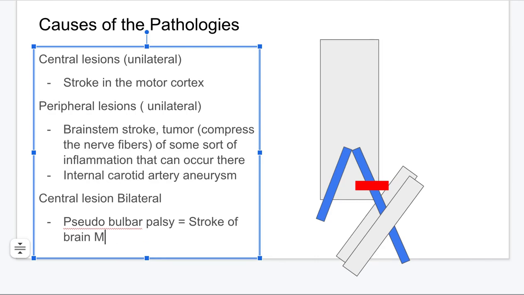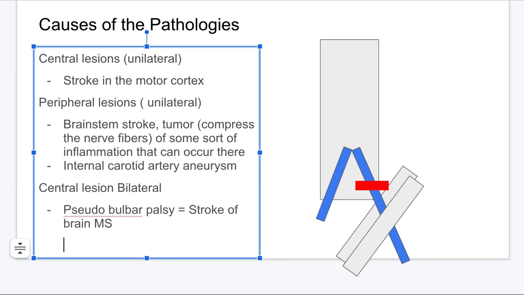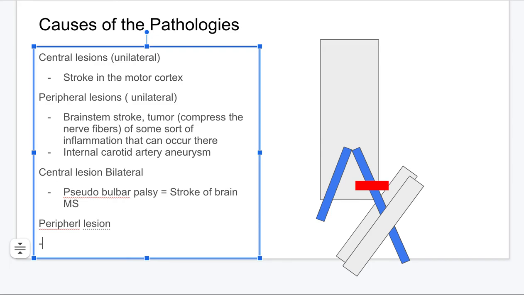It can be due to MS, multiple sclerosis. It can be due to stroke of the brain, MS, any sort of central nervous system problem, and then obviously peripheral lesion, which is going to be bulbar palsy. So any causes of bulbar palsy will fit in here.